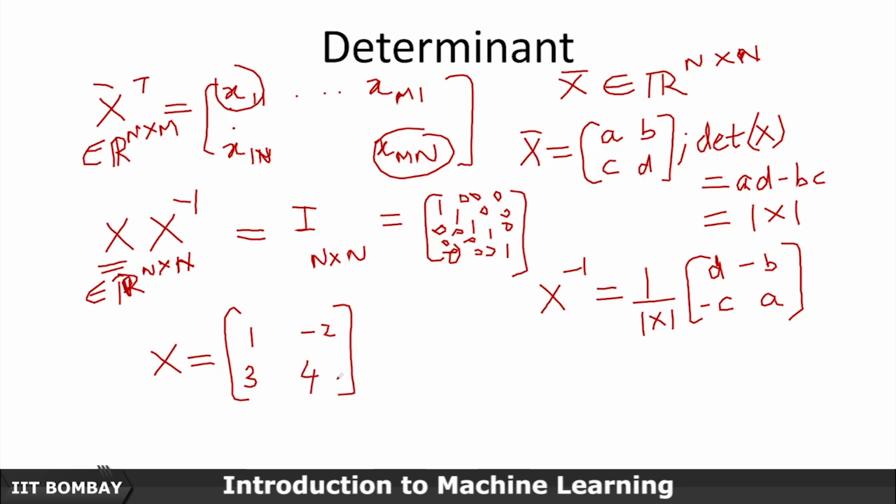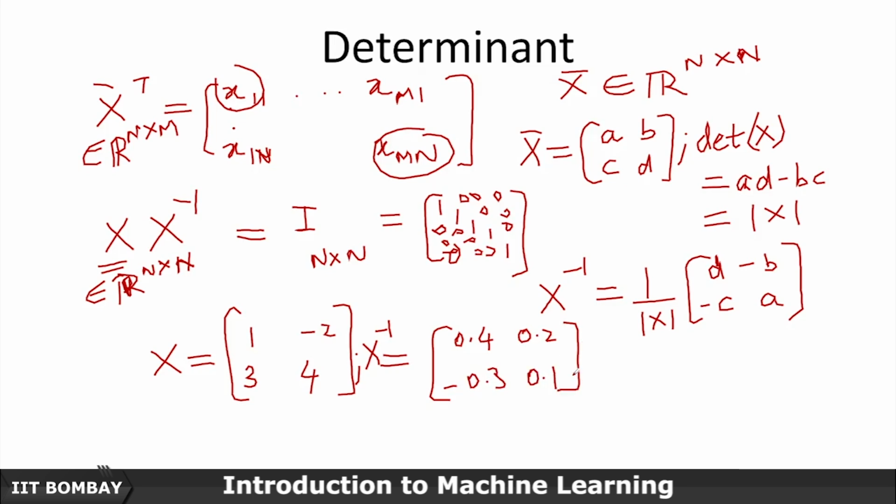Then x inverse will be 0.4, okay, 0.2, minus 0.3 and 0.1.